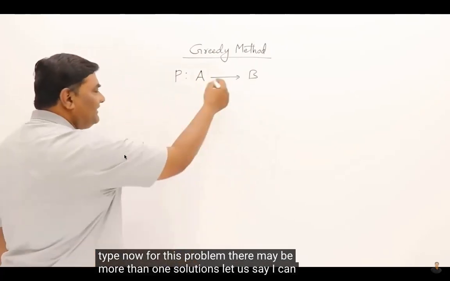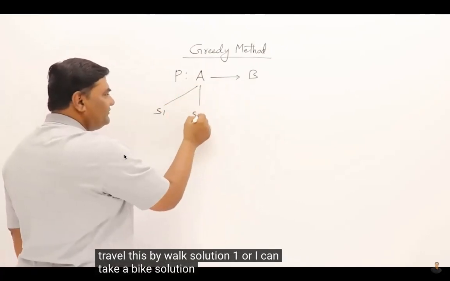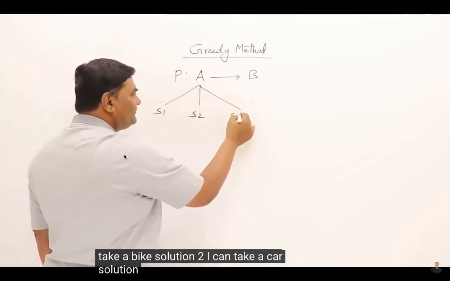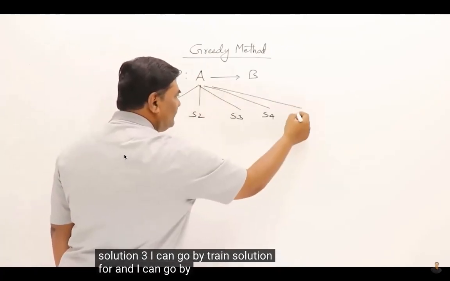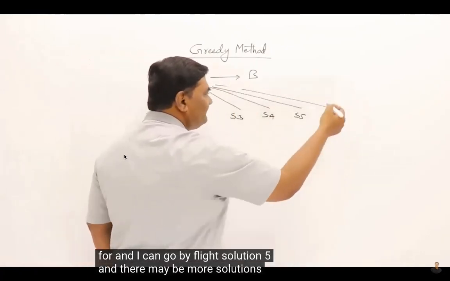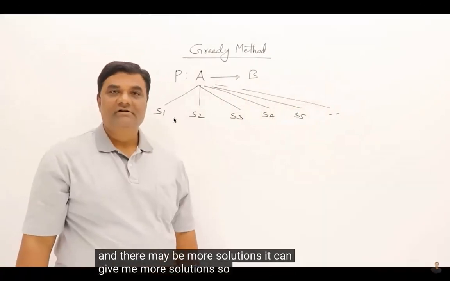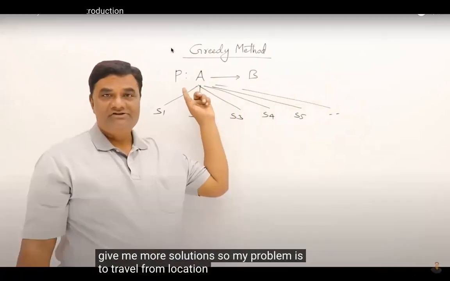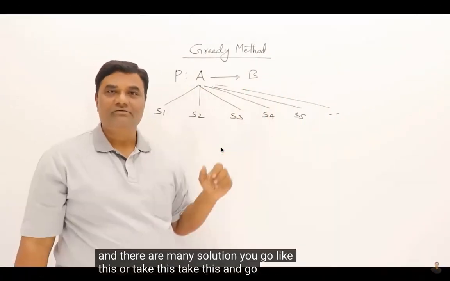Let us say, I can travel by walk, solution 1, or I can take a bike, solution 2, I can take a car, solution 3, I can go by train, solution 4, and I can go by flight, solution 5, and there may be more solutions. You can give me more solutions. So my problem is to travel from location A to location B, and there are many solutions.